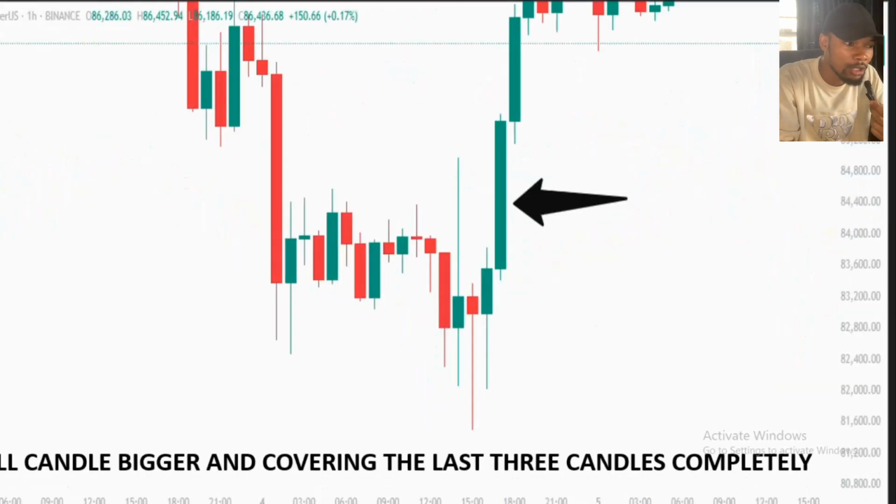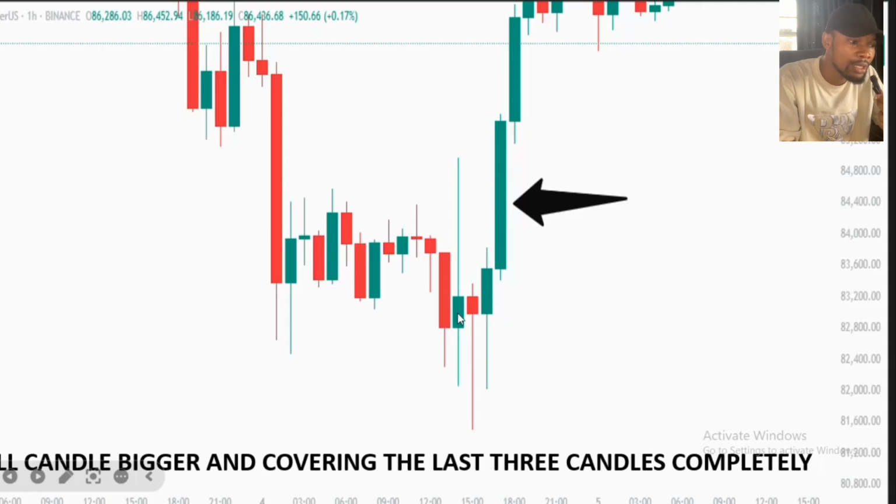The first sign is the next full green candle, bigger and covering the last three, which means it must be so big like this, and it must be able to cover the last three. One, two, three. These are the last three candles. So we're looking for a full big candle like this that can cover the last three.